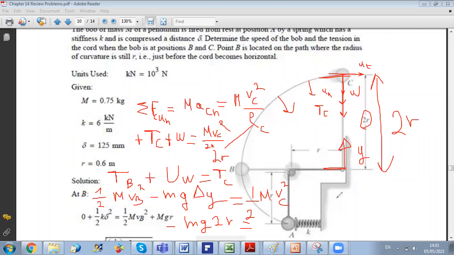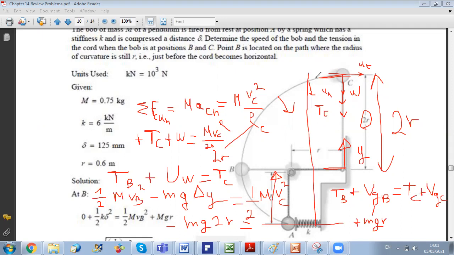Because if you write conservation of mechanical energy, you have TB plus V gravitational at B equals TC plus V gravitational at C. If we consider that the datum is at A, then the gravitational energy at B is plus mg times the small r, while for point C, the height from A to C is r plus 2r, which is 3r.